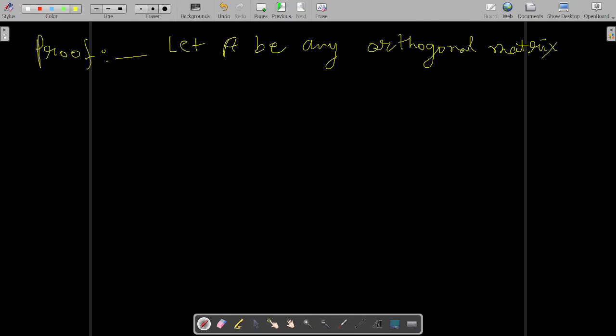Let A be any orthogonal matrix. Then what is there?